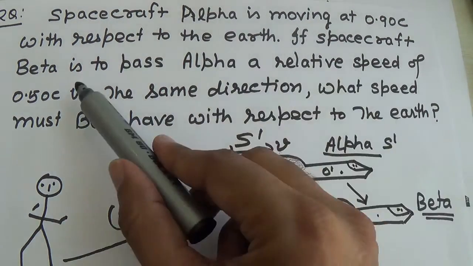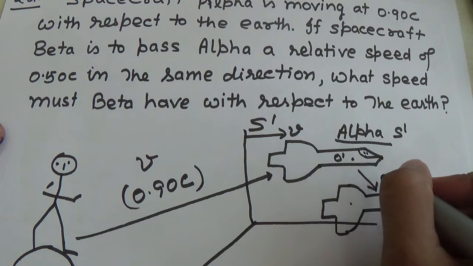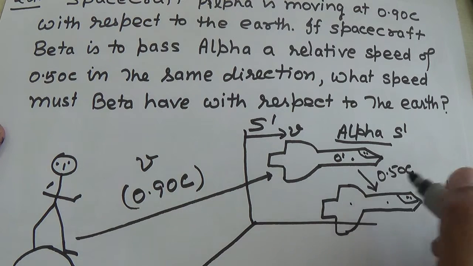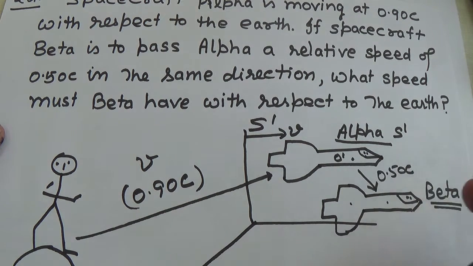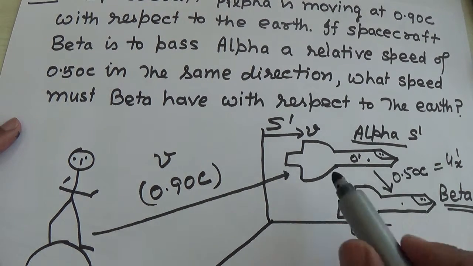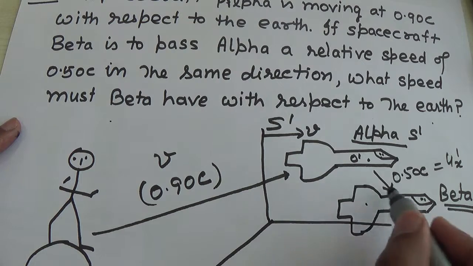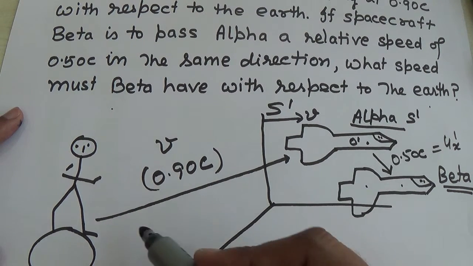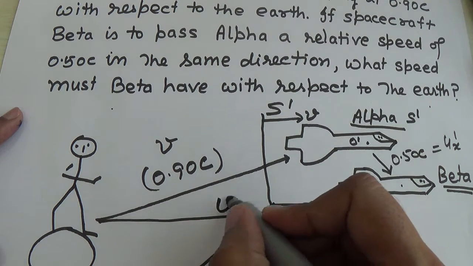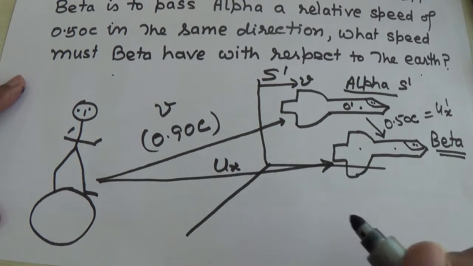So this looks like a rider throwing a ball, and this is treated as ux prime. Now the question asks what speed beta must have with respect to the earth. So you have to find the speed of this spacecraft with respect to observer O, and this speed will be ux.